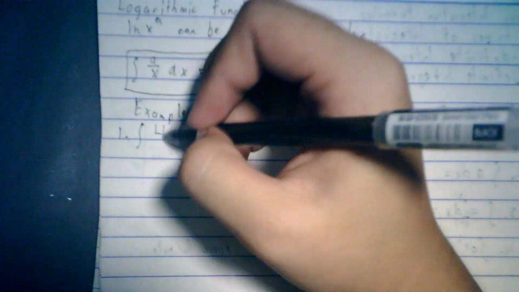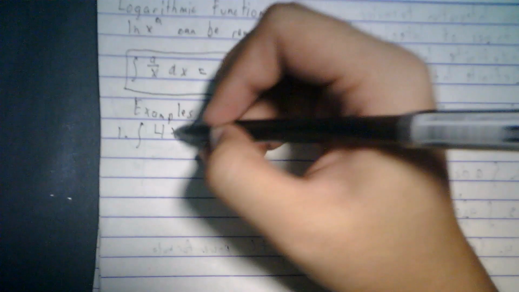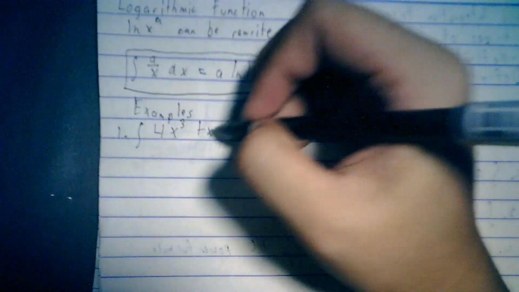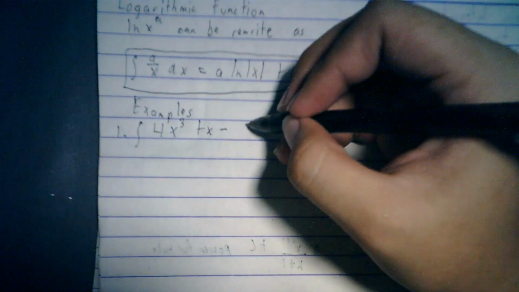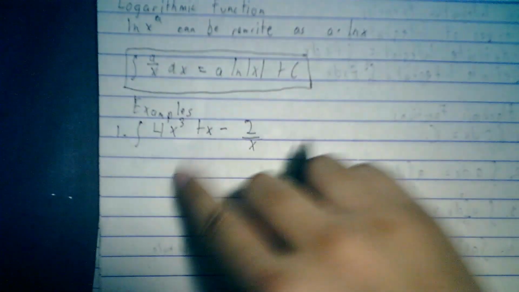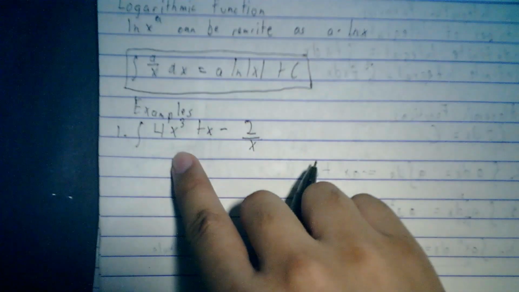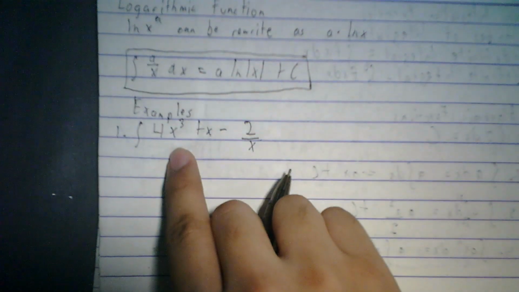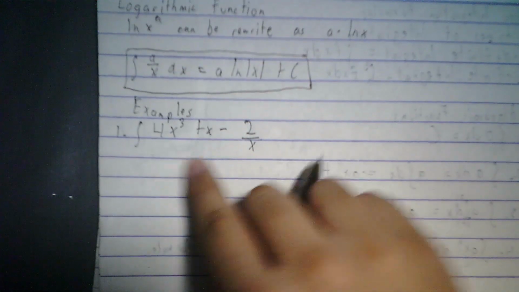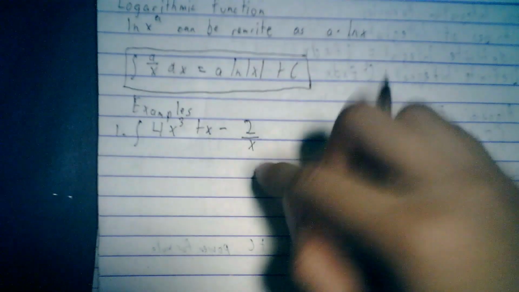Example number 1 is the integral of 4x cubed plus x minus 2 over x. This is mixed, guys, as we already learned in the algebraic function, as I discussed before. So it's time to integrate this.